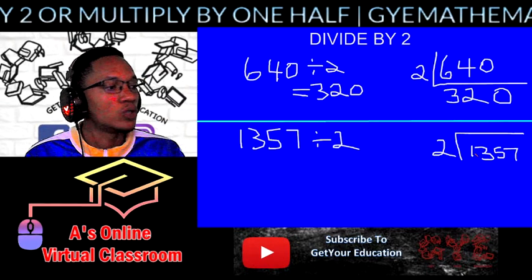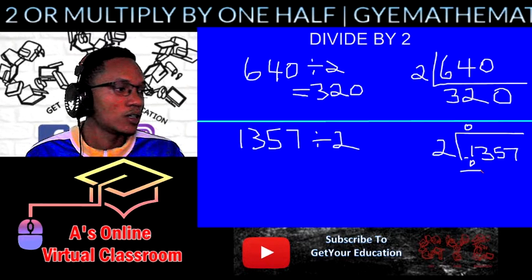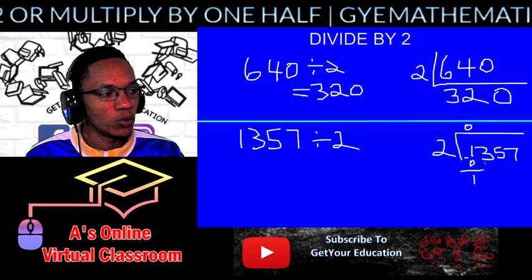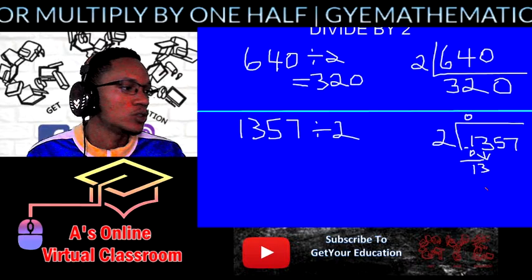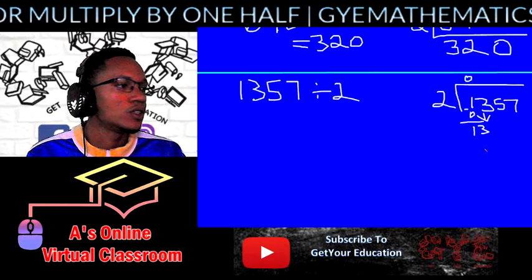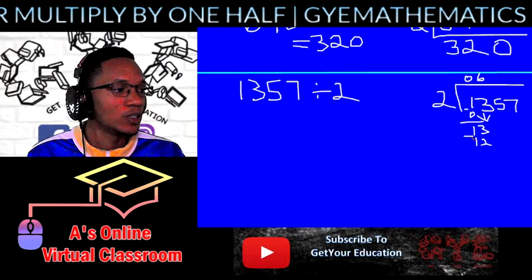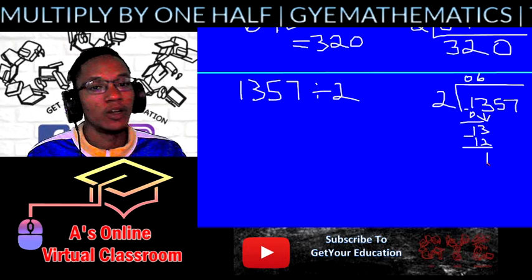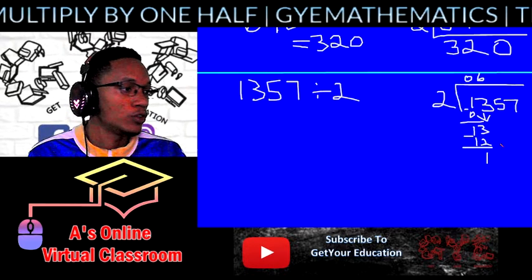So we get 2 into 1, cannot. 2 zeros are 0, subtract. Normally I don't do this first part because you just end up with 1, and you have to bring down your next number. So it becomes 2 into 13. 2 into 13 is 6. 6 twos are 12. Subtract, this is your remainder. When you divide by 2, if there is a remainder, the remainder will always be 1. As another tip, bring down the 5.